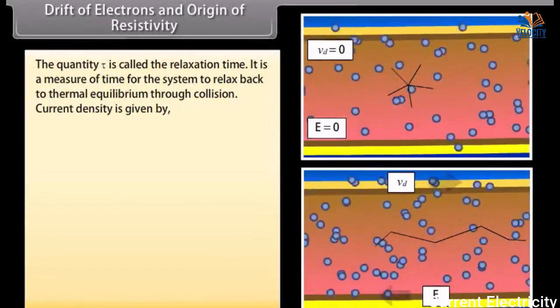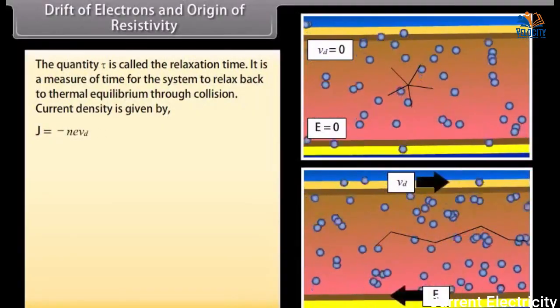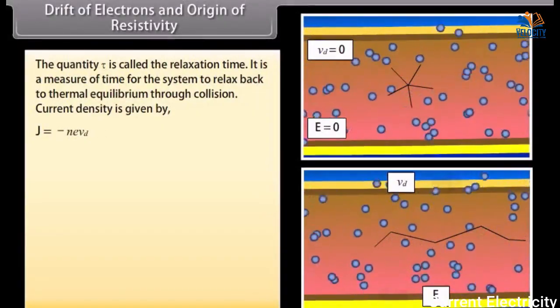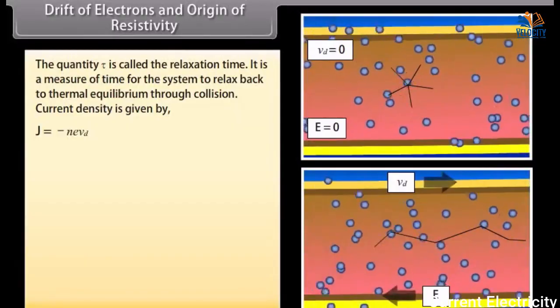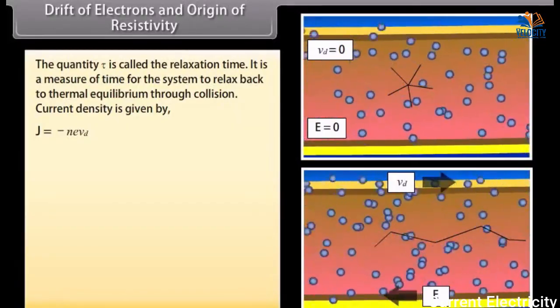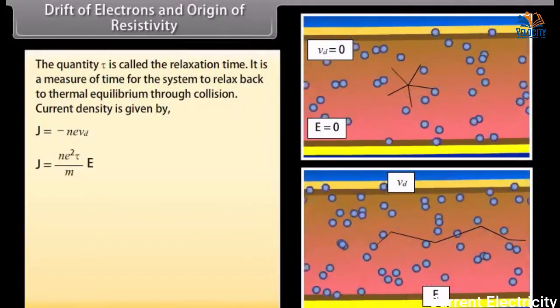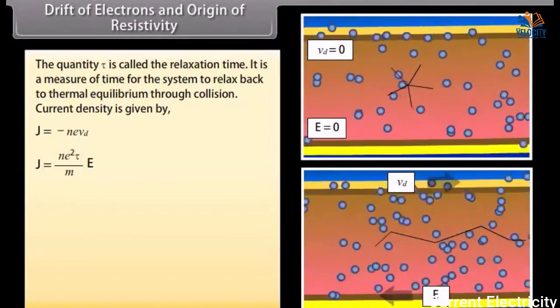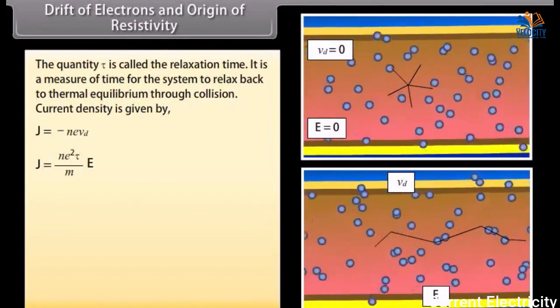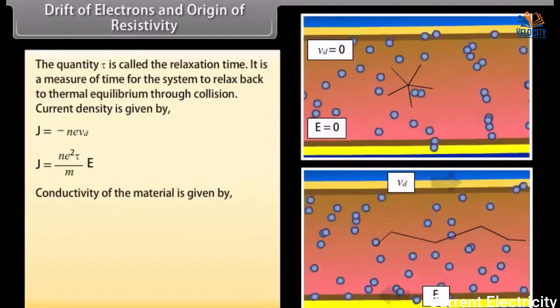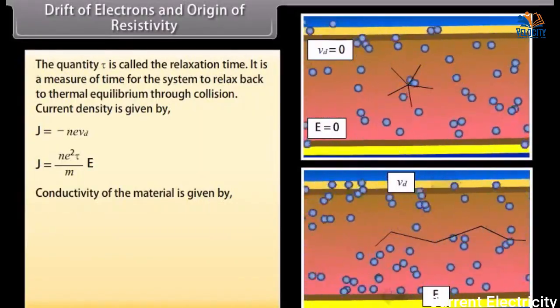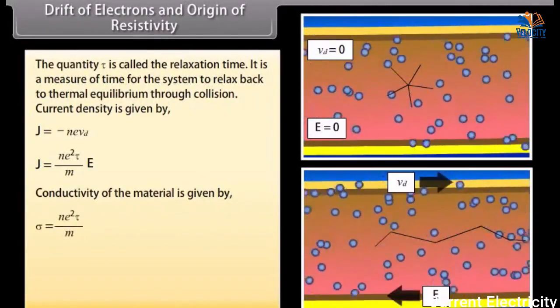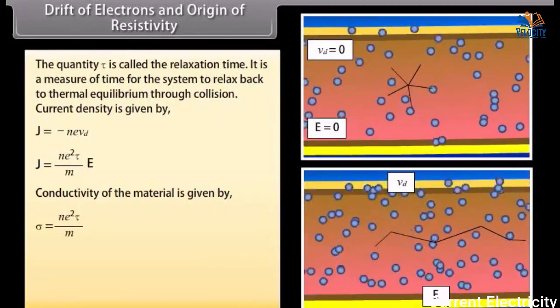Current density is given by J equals minus n e Vd. Putting the value of Vd in the above equation, we get J equals n e squared tau upon m multiplied by E.